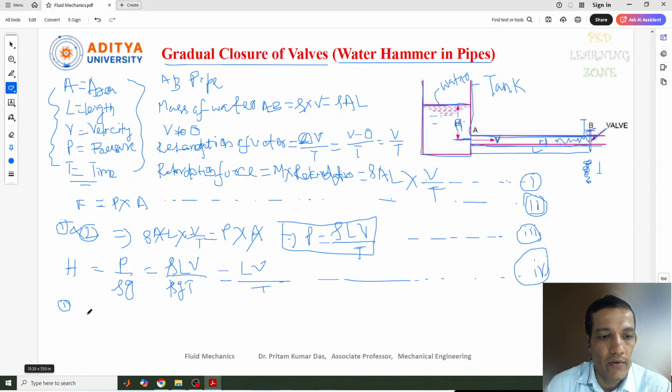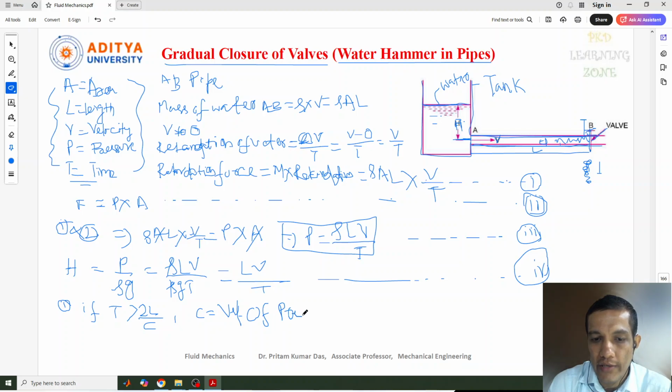So the valve closure is said to be gradual if the time period T is greater than 2L by C. Here T, as I already told you, is time in seconds, and C is the velocity of the pressure wave. This is one new value, the C value. That will be given, or we need to identify it.